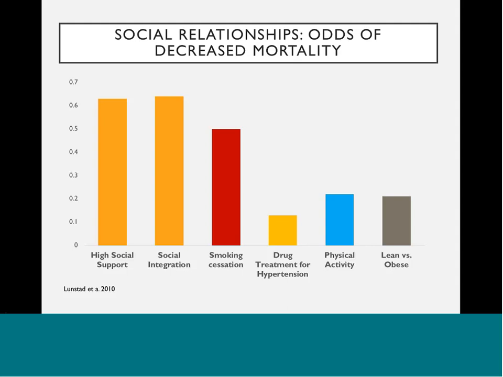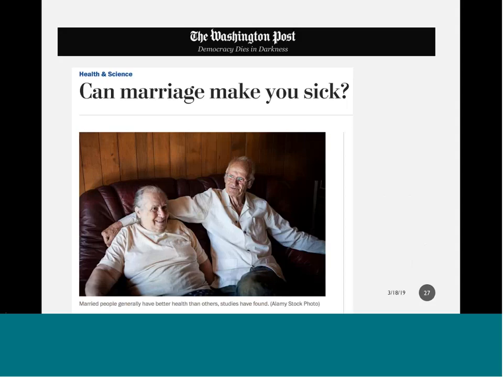Now, this body of research in the population health sciences is huge, and one area in particular that people focus on is marriage. There's a wealth of data showing that, on average, people who are married are healthier and live longer than people who are not married or who remain single. One really important nuance, though, is that it really is a function of relationship quality.